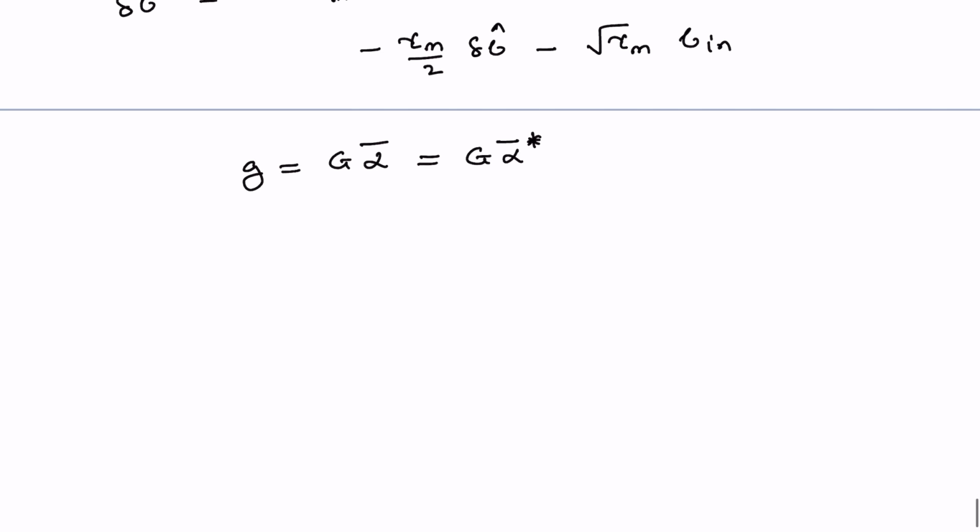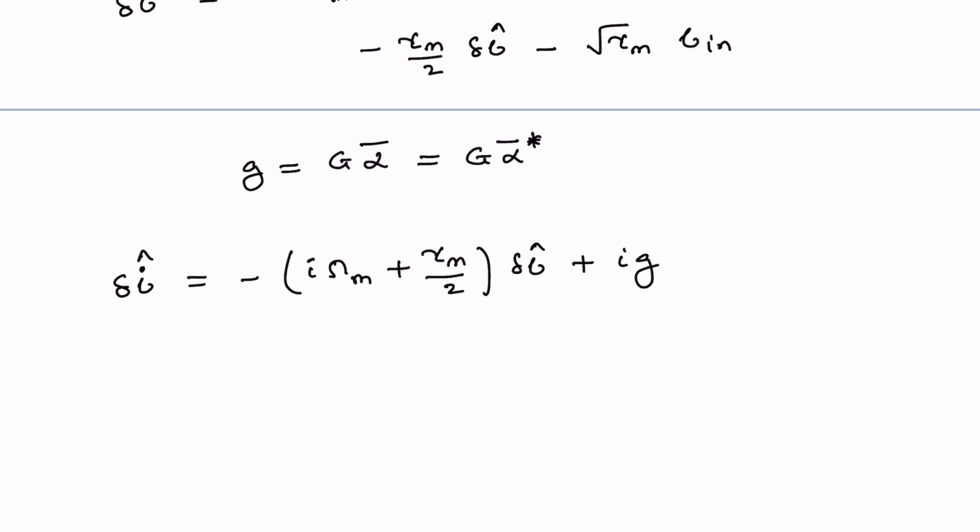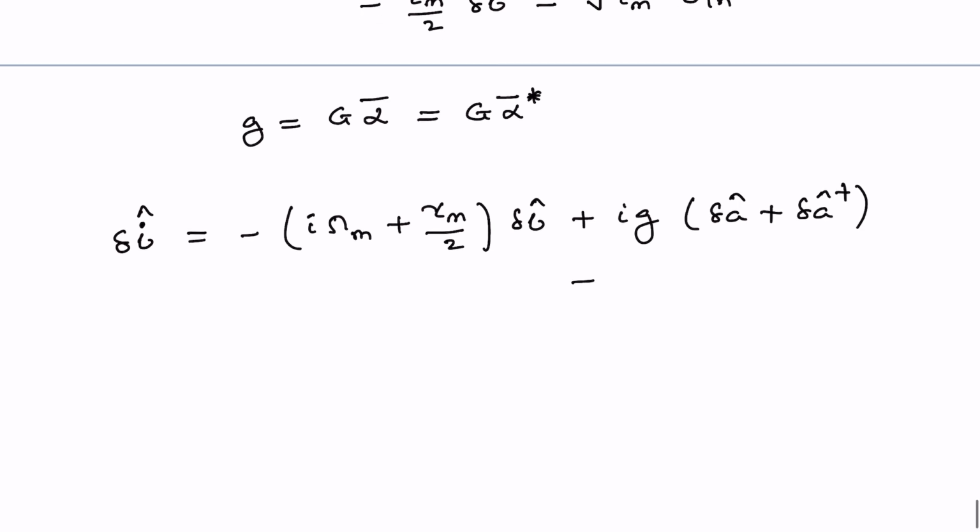Then I can write δḂ = −(iΩm + γm/2) δB + iz(δA + δA†) − √γm B_in. This is what I am going to have.